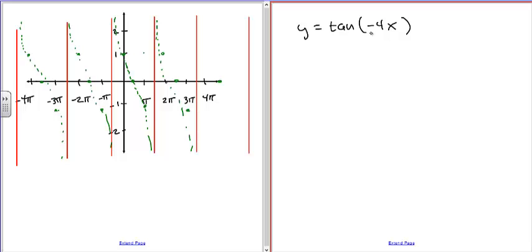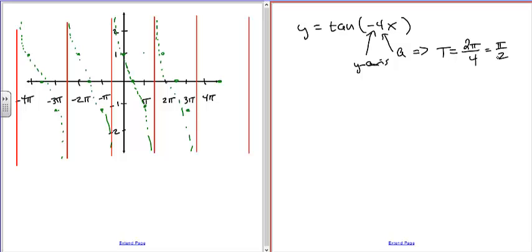So this negative here is the y-axis reflection. And this number, that's the number A, and that relates to the period. So the period is 2 pi divided by 4. A is 4, so you get pi over 2. So instead of the period being 2 pi, it's 1/4 of that, pi over 2.